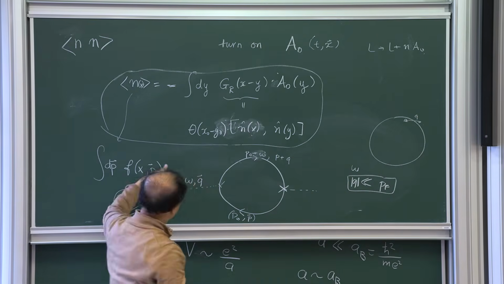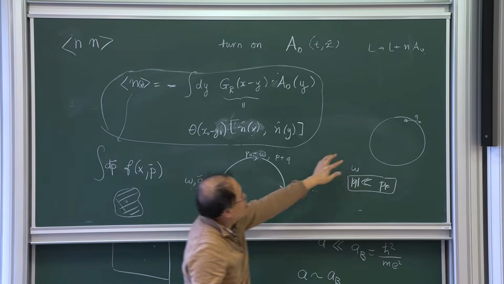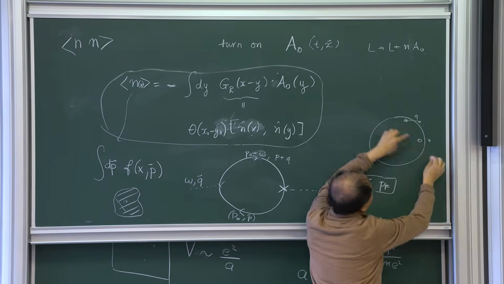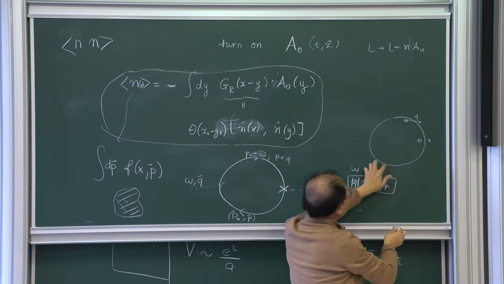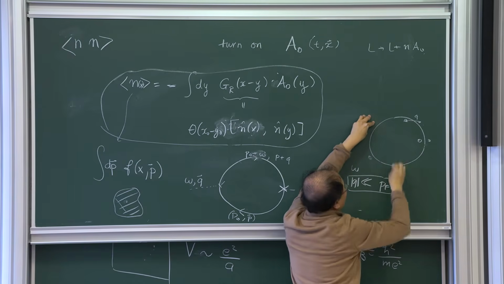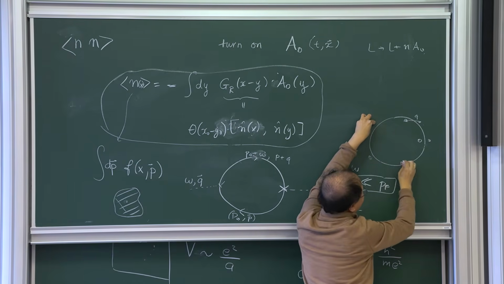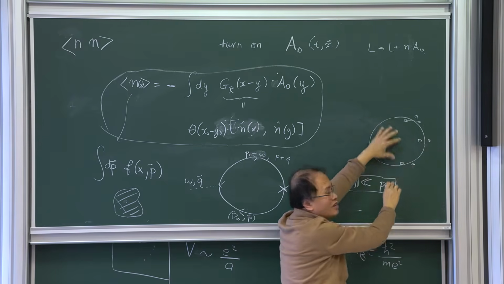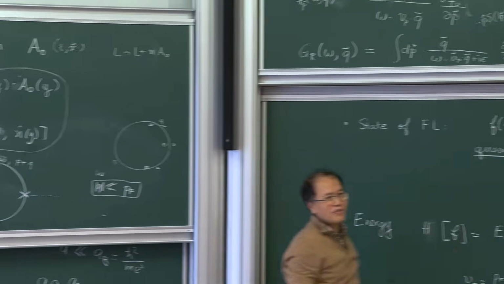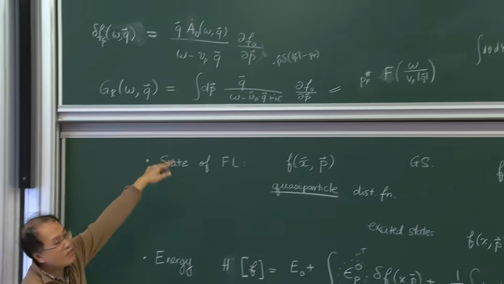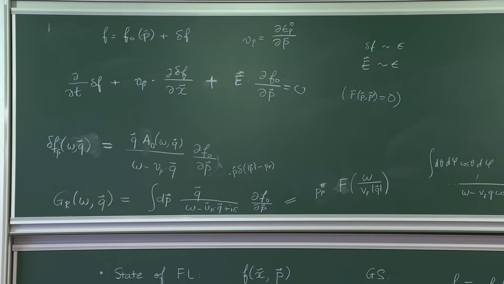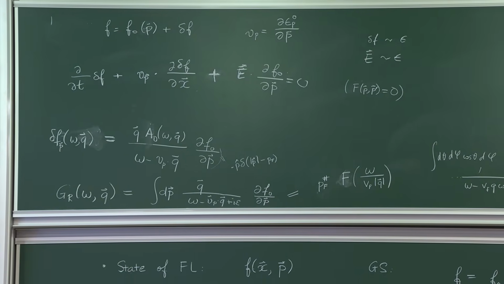This is a photon coming in, creating a particle-hole pair, but although this particle and hole have a small relative momentum, it can be anywhere on the Fermi surface. You can create it here. You can create it on half of the Fermi surface. You can create a particle here and a hole here. And so that's why the Feynman diagram gives rise to this integral over the Fermi surface, just like the integral that we get in Landau's kinetic equation.